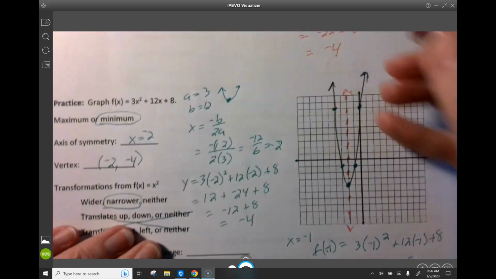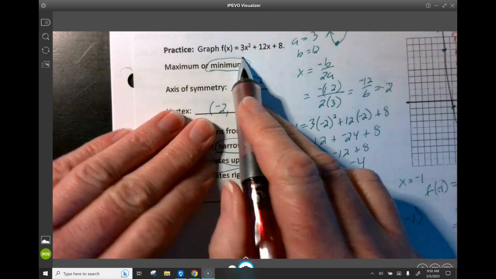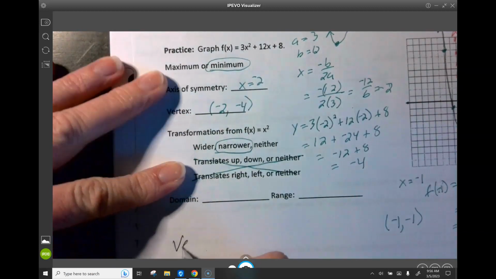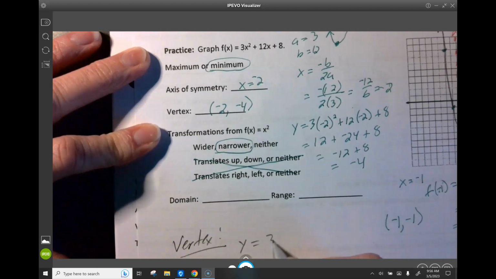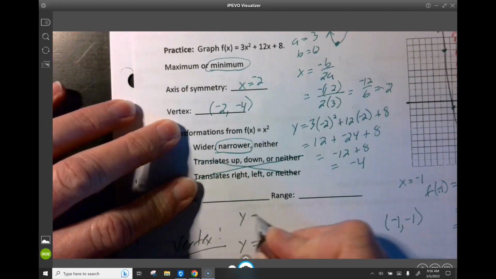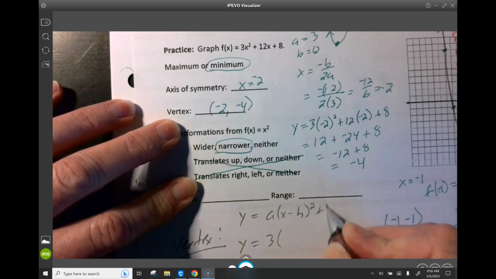Oh, what the heck, let's just do it. So my vertex is negative 2, negative 4. Here is my A. So vertex form, if I were writing this in vertex form, would be y is equal to 3 times, remember vertex form, A times x minus h quantity squared plus k.